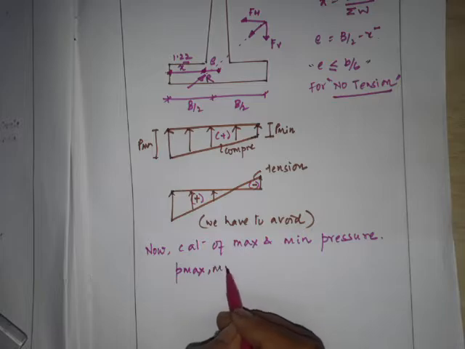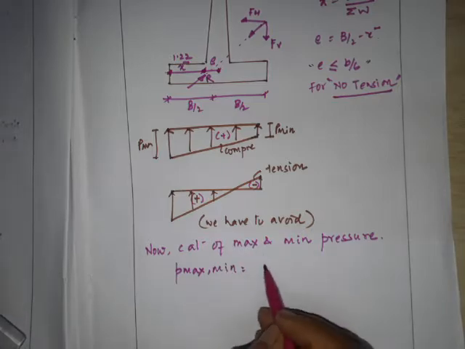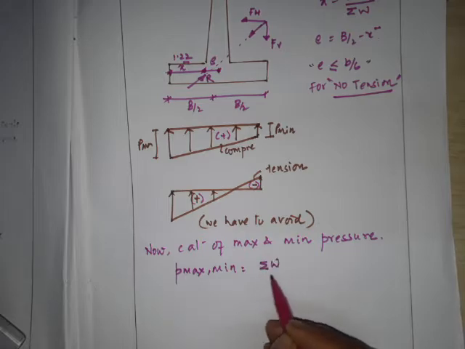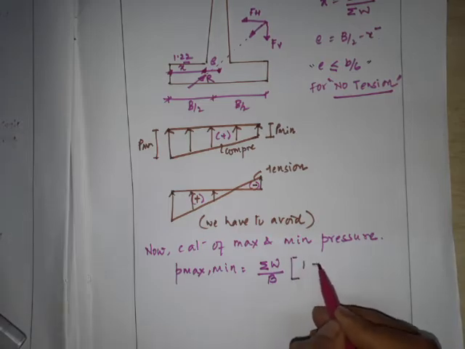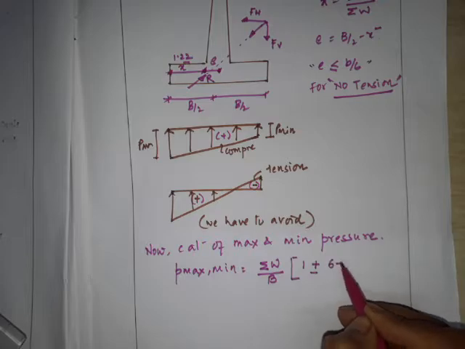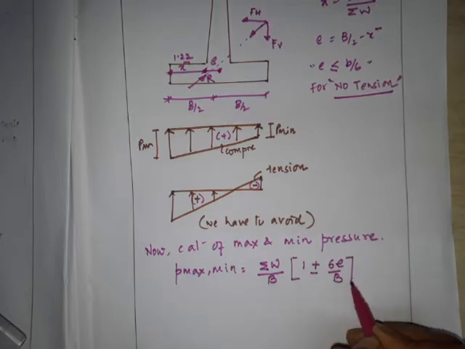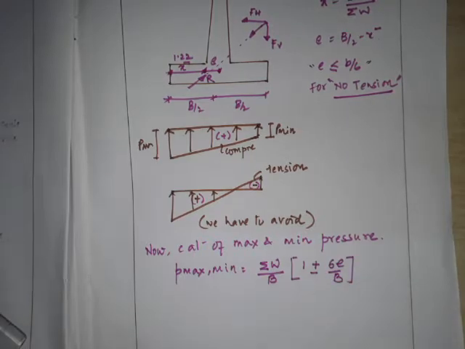The equation for P max or minimum is summation of W divided by B into bracket of 1 plus or minus 6E by B.